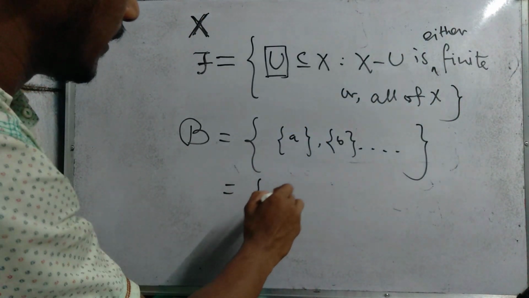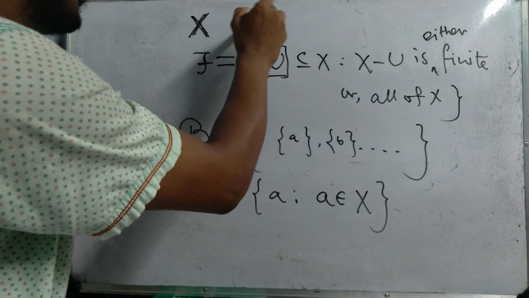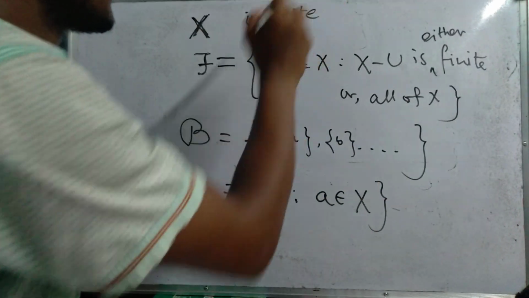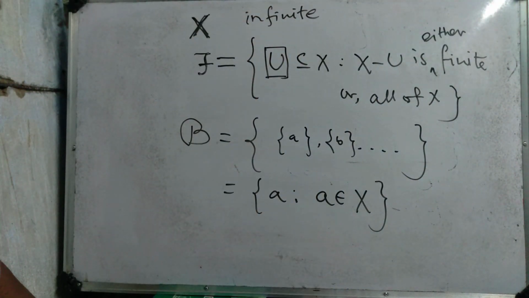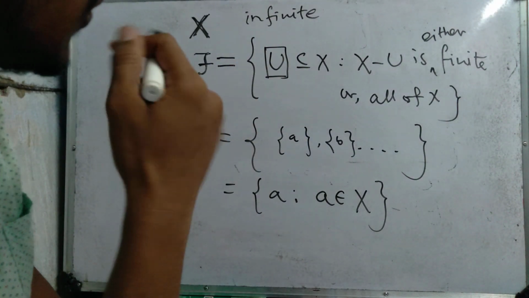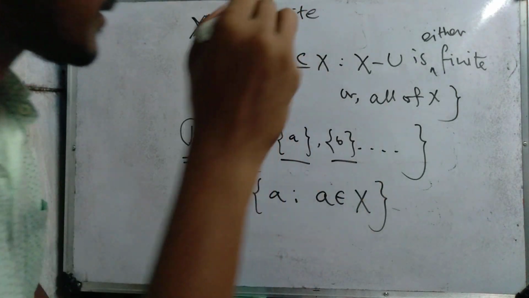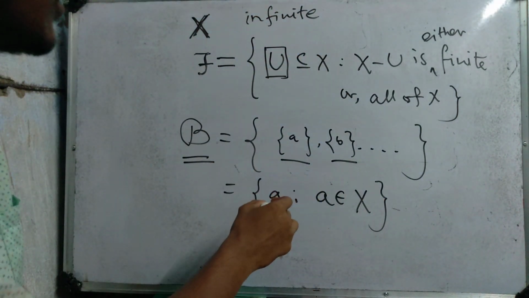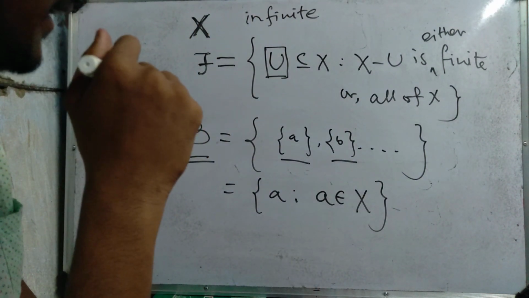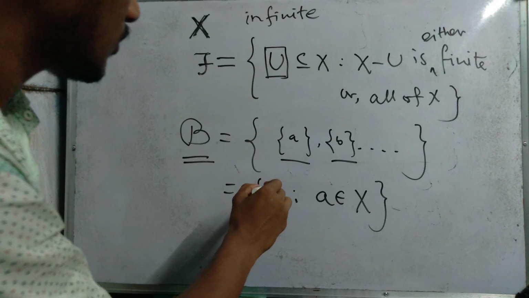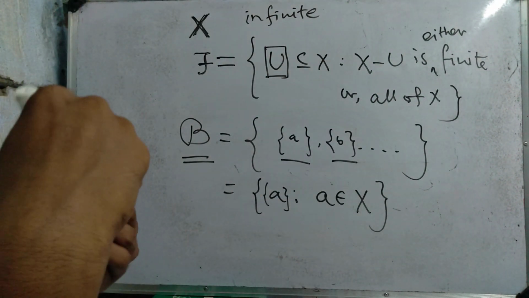That means a such that a belongs to x. Okay, if x is infinite, because this is the finite complement topology and this topology contains infinite subsets of x, so this basis contains all singleton elements. And we generate a such that a belongs to x.